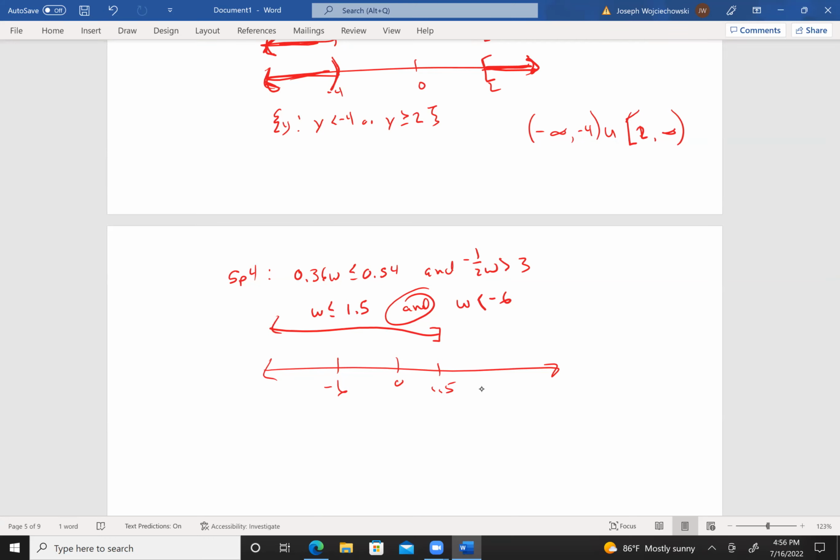Here, I have less than negative 6, so I have parentheses and less. Since it's and, it's the intersection, which is this. So we're looking at a final solution as the set of all W such that W is less than negative 6, or negative infinity to negative 6, neither included.